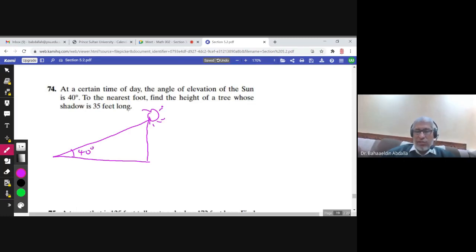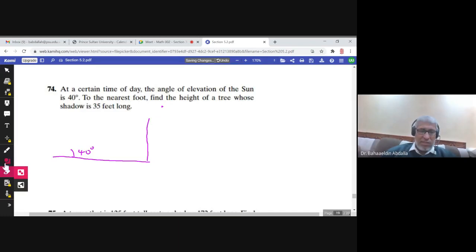To the nearest foot, find the height of a tree. Of course, this is the tree, a palm tree if you like, and this is the sun and the angle of elevation.